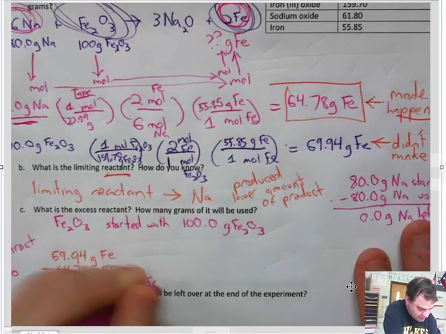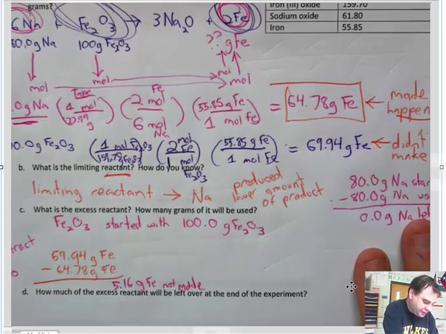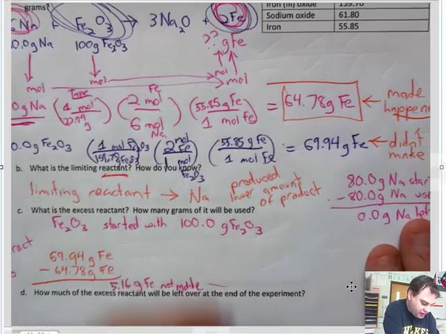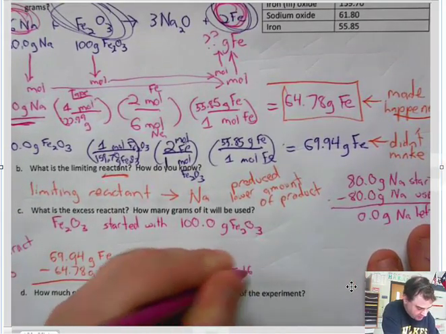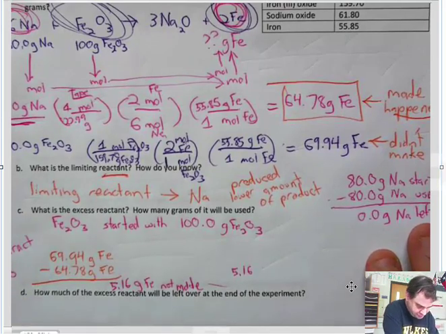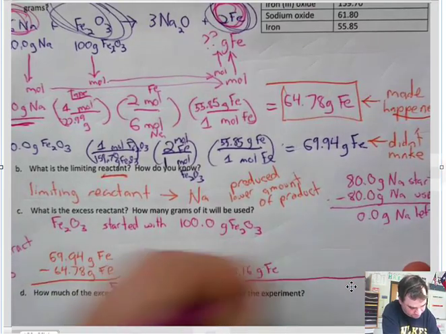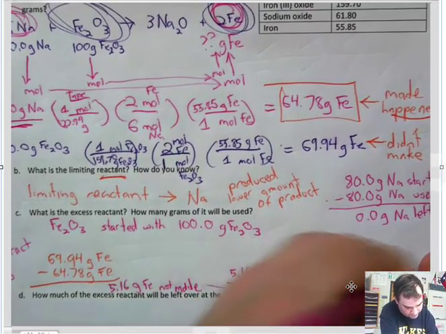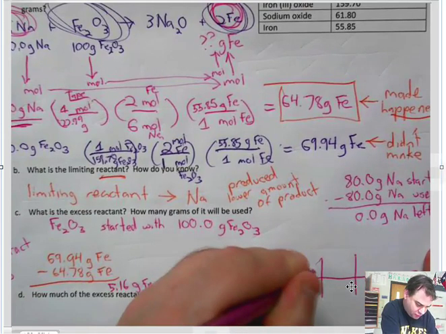5.16 grams of iron not made. Now I'm going to stoic that over to iron oxide. So 5.16 grams of iron, grams of iron on the top, grams of iron on the bottom. Where are we going to go to? Moles.